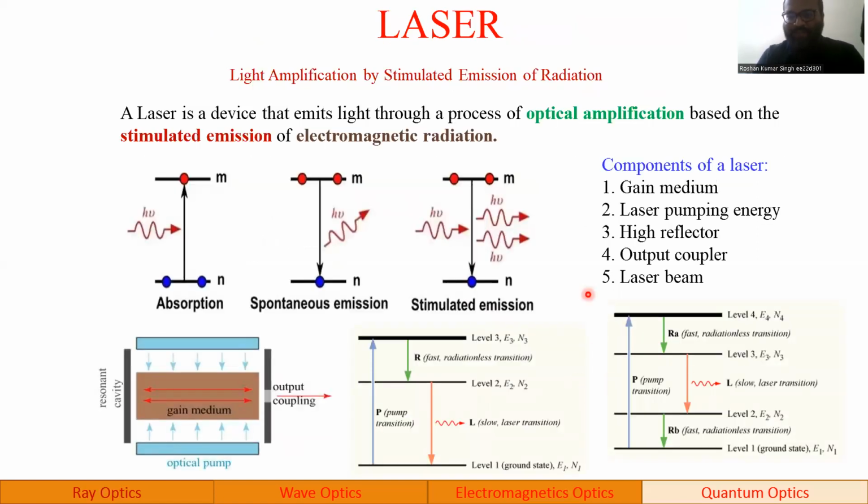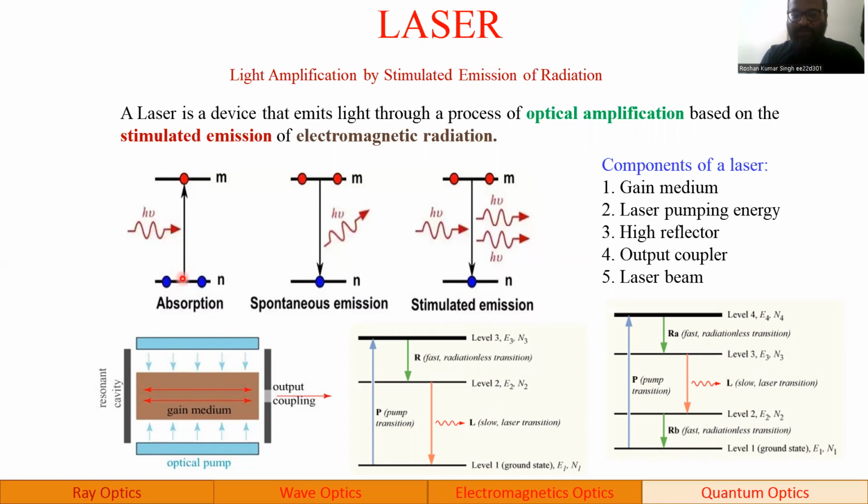Now we discuss the laser. The full form of laser is light amplification by stimulated emission of radiation. We know that stimulated emission is stimulated by some external factor, which may be a photon. Then how does it work? We have optical amplification based on stimulated emission. How do we see it through this figure?